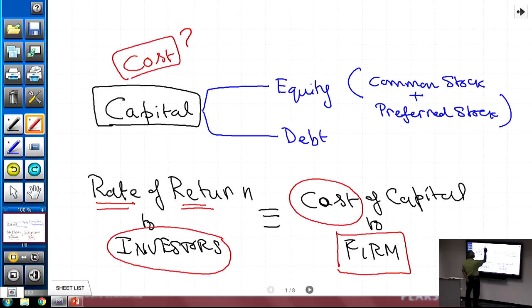How do we determine this cost of capital? First, for the individual components, common stock, preferred stock, and debt, and then for the overall firm. And we will determine the cost of capital for the overall firm in a manner that tells us what is the marginal cost of capital.